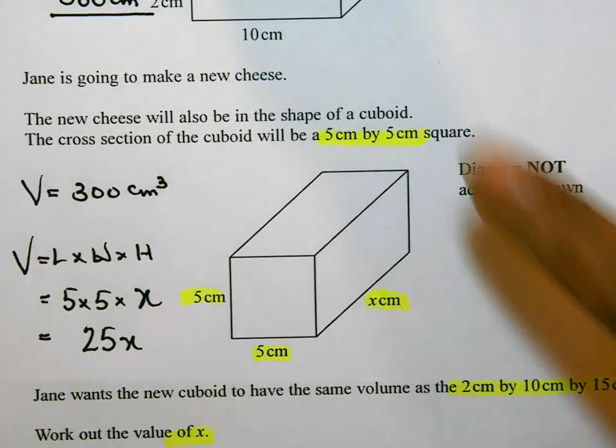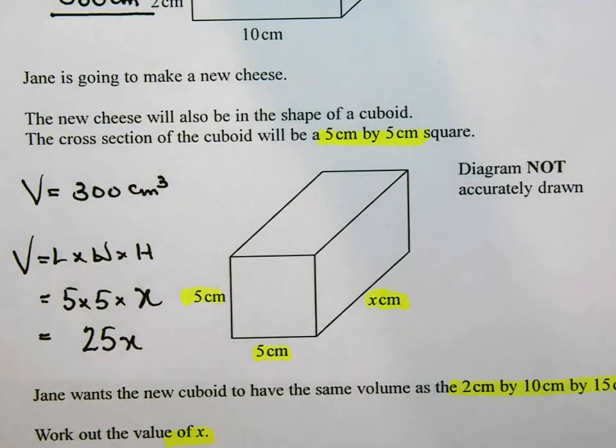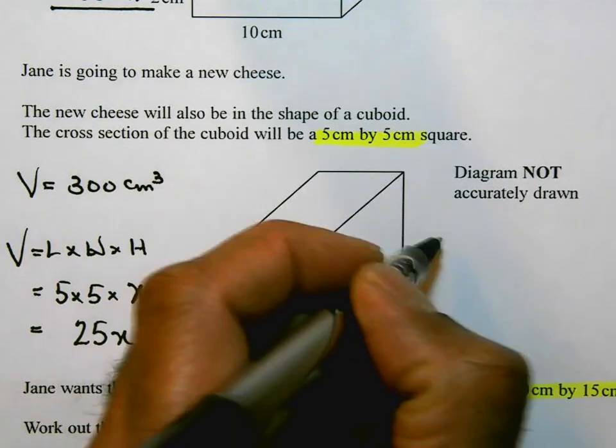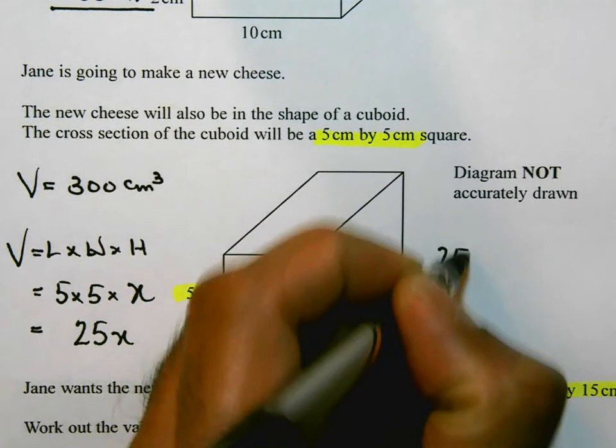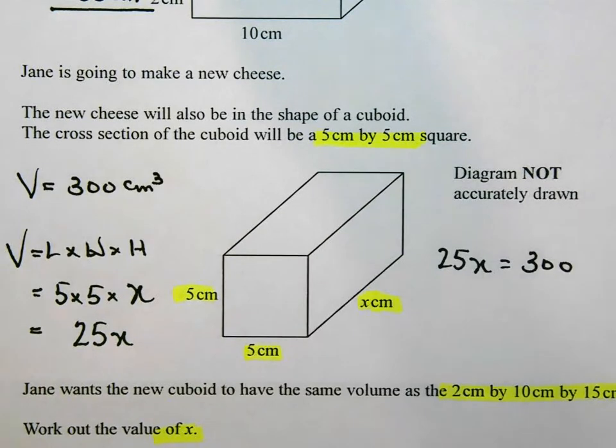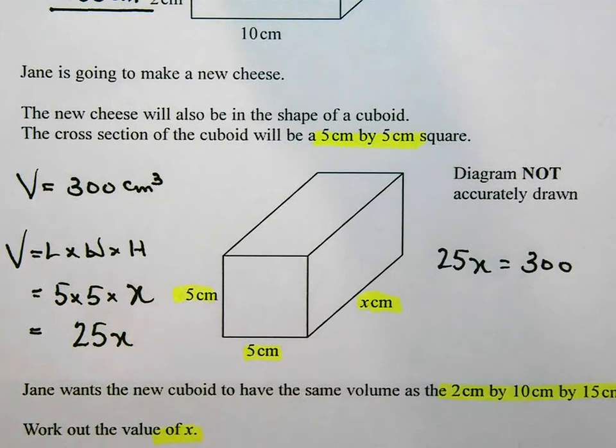That's the volume of this new cuboid. So in other words, 25x must be the same as 300. So I could make an equation, 25x is equal to 300. How many 25s, or 25 times something, is 300? I need to work out what that should be.